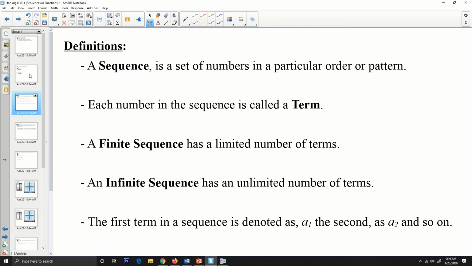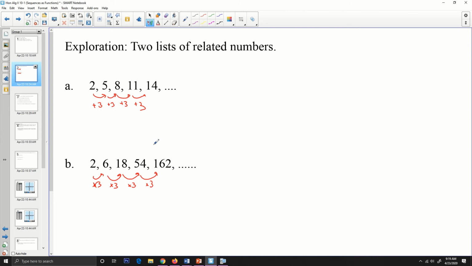So let's go back to here, and let's talk about these. Both of these dots here mean that these are infinite sequences, that they go on forever.